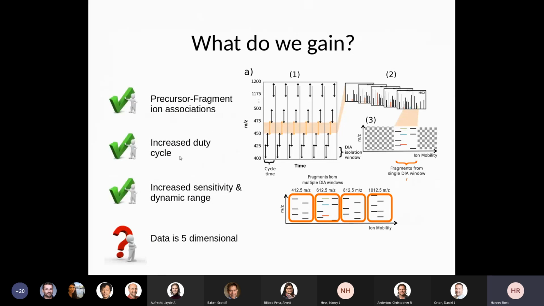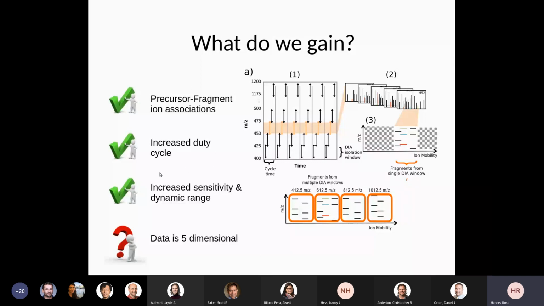We have achieved increased duty cycle, so we are now 4 times faster than previous DIA acquisition methods. Because our duty cycle can be so much faster, this has a lot of interesting applications, potentially also in the chromatography, where traditionally for DIA or SWATH, you always had to have relatively wide chromatographic peaks.